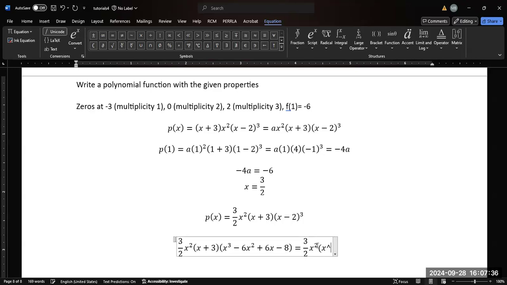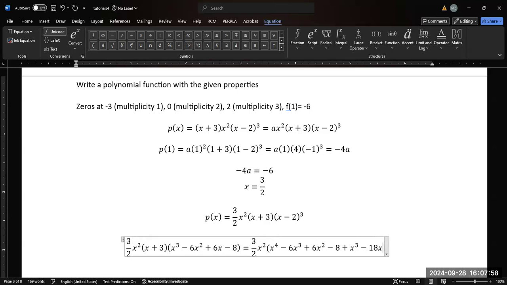X times x cubed is x to the 4th. X times -6x squared is -6x cubed. X times 12x is 12x squared. X times -8. And then 3 times x cubed and 3 times -6x squared. And then 3 times 12x, and then 3 times -8.